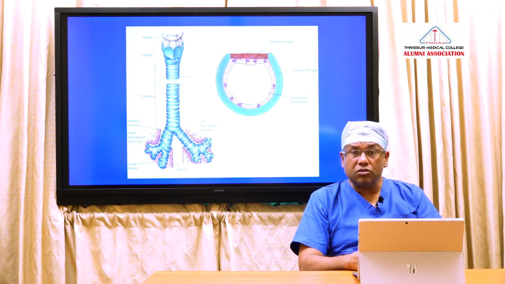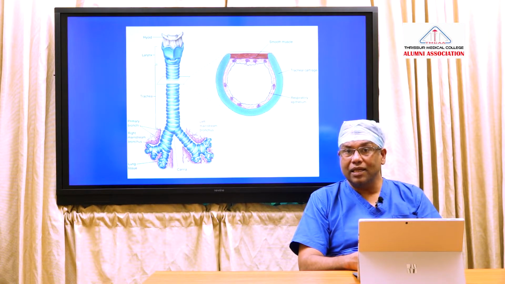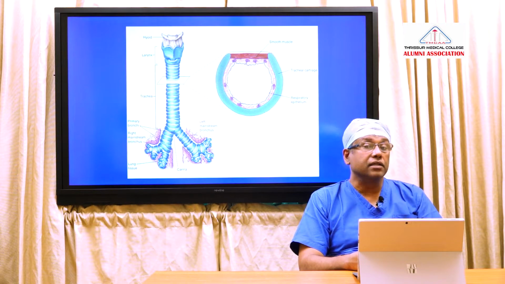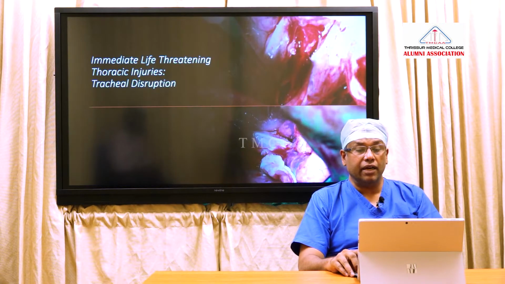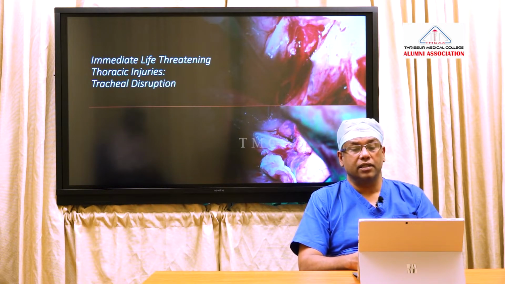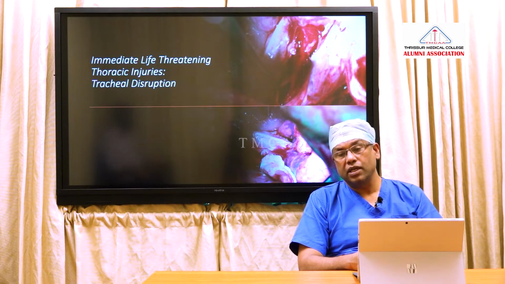Both tracheal and bronchial injuries require an emergency CT, emergency intubation if it is a tracheal injury, and the patient requires an emergency surgical repair. You definitely have to repair the disruption of the trachea by an emergency intervention, and most often it is repaired surgically using proline.